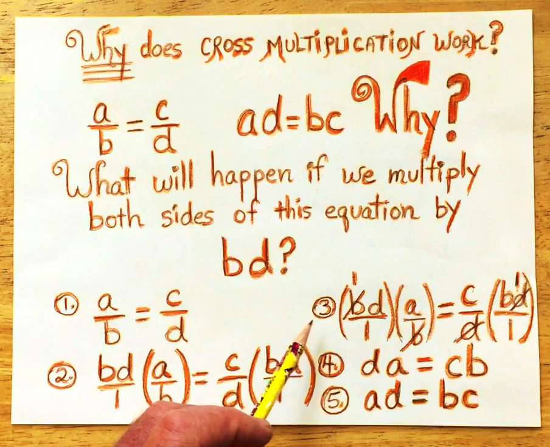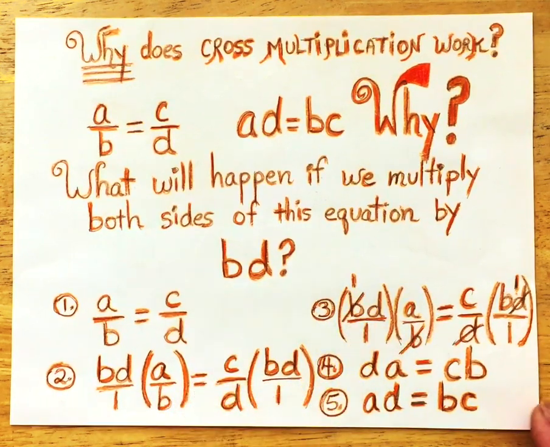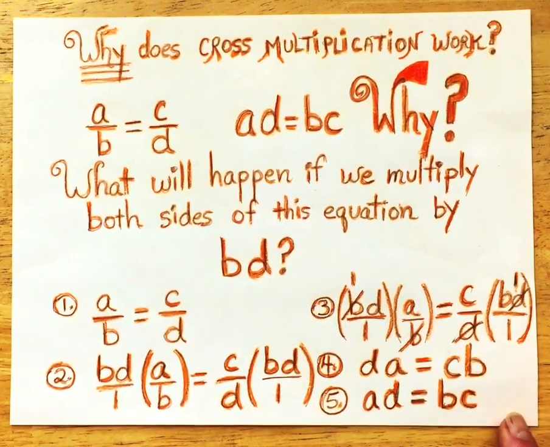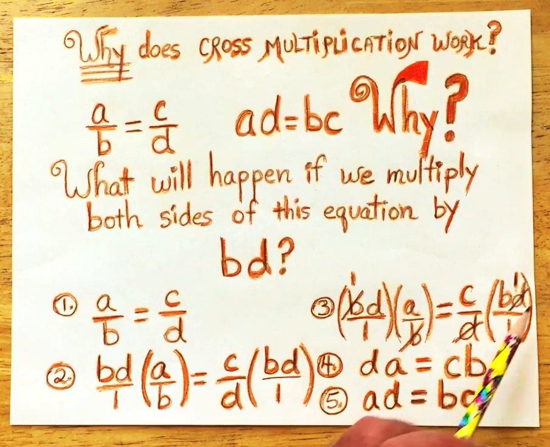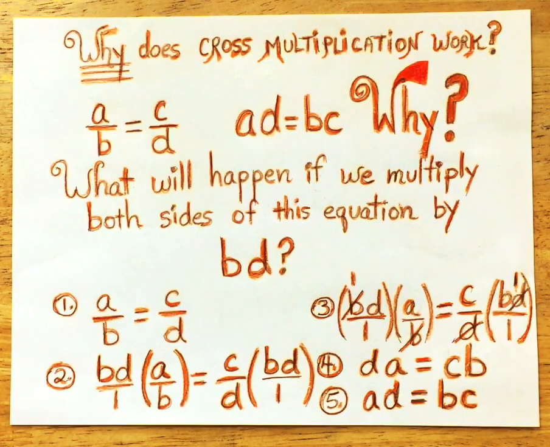Going over to step three, we can see we've canceled the denominator on this side. B divided by B is 1. And on the right-hand side of the equation, we've got D divided by D, which is also 1. So we've canceled both denominators. And what are we left with?